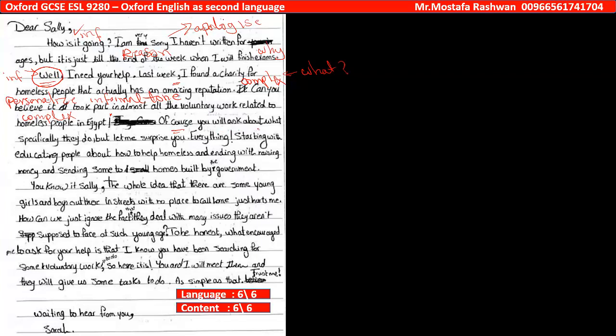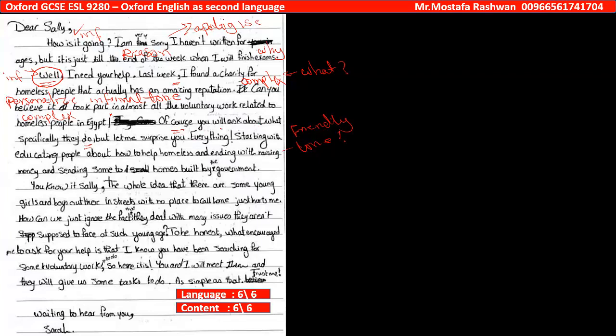You will ask about what specifically they do. Here he didn't tell him directly what this volunteer work is doing, what it's targeting, but he used a friendly tone. How did he create the friendly tone here?